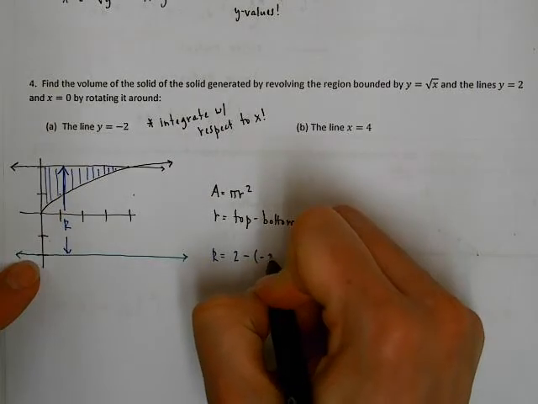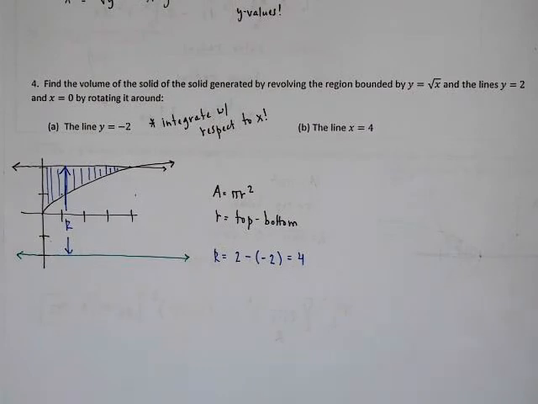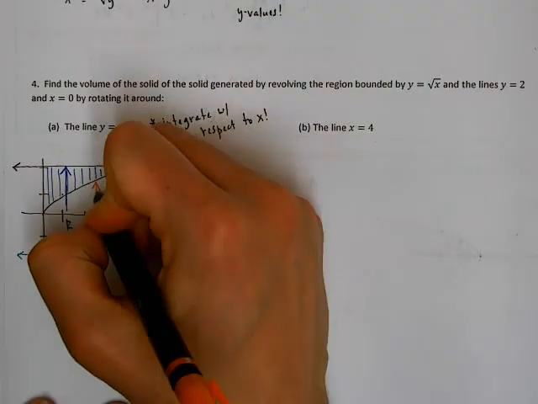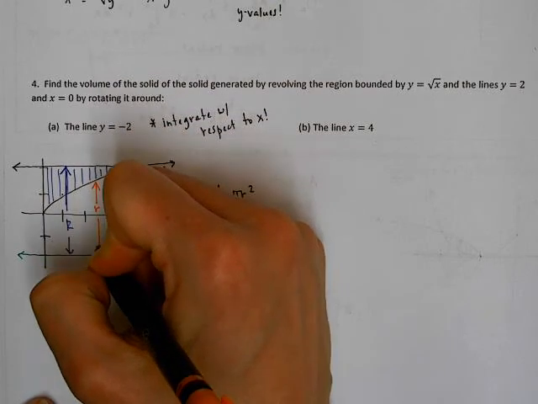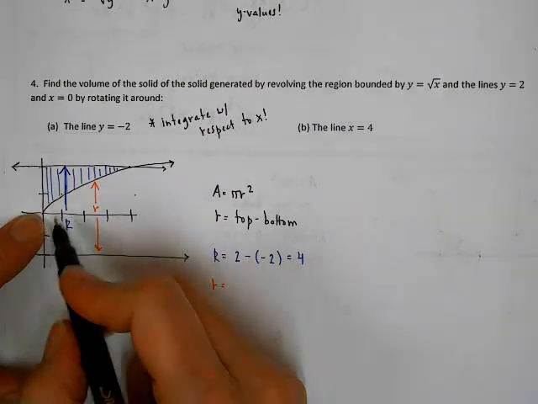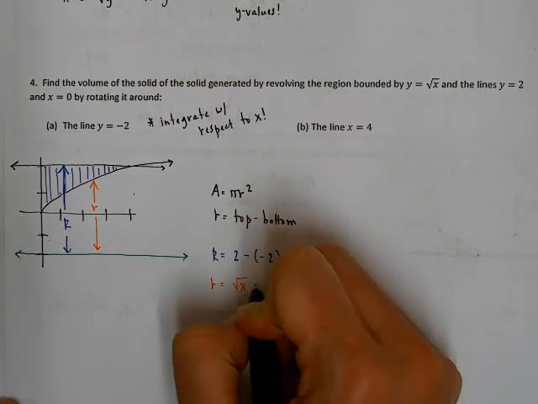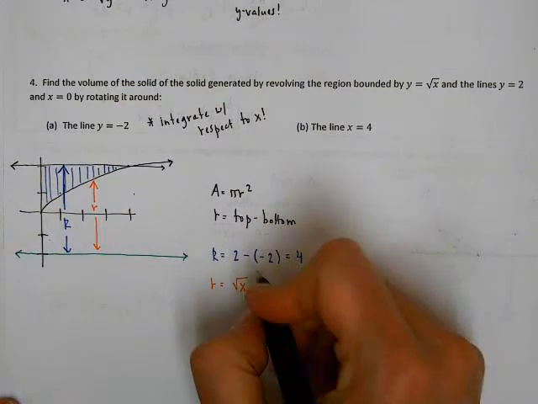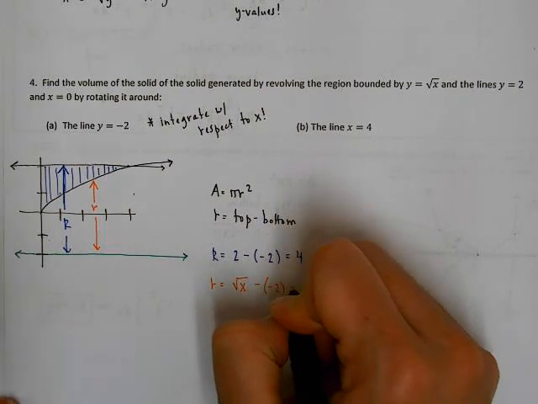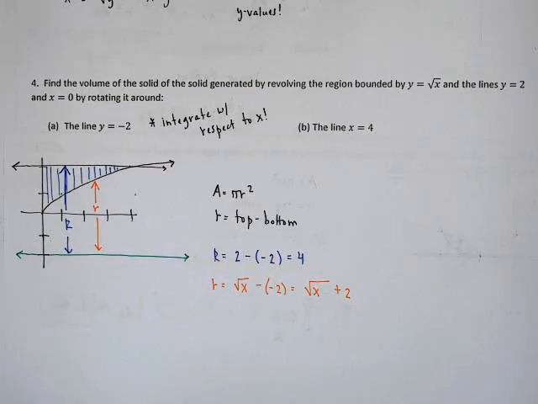So I'm doing 2 minus a negative 2, so my big R is a positive 4. Now my little r is what accounts for all this blank space. Still top minus bottom: the top of my little r is our function y equals square root of x, and my bottom is still negative 2. So my little r is square root of x plus 2.